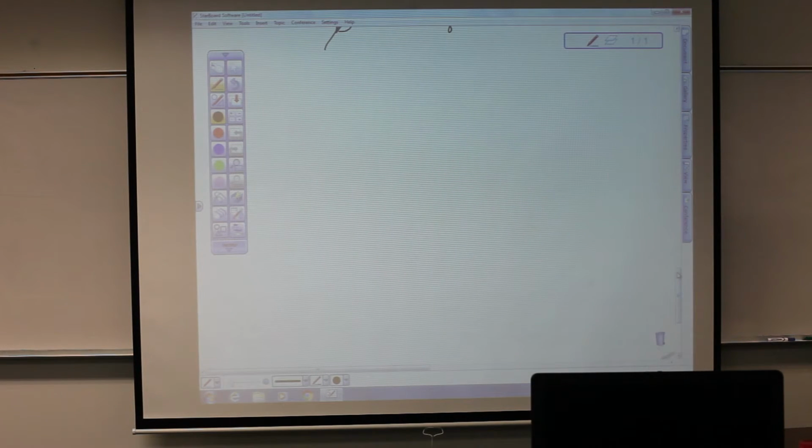Okay, next page. Alright, now we're given a problem in set builder notation. We've got x, and now, what does that funky vertical line mean again?